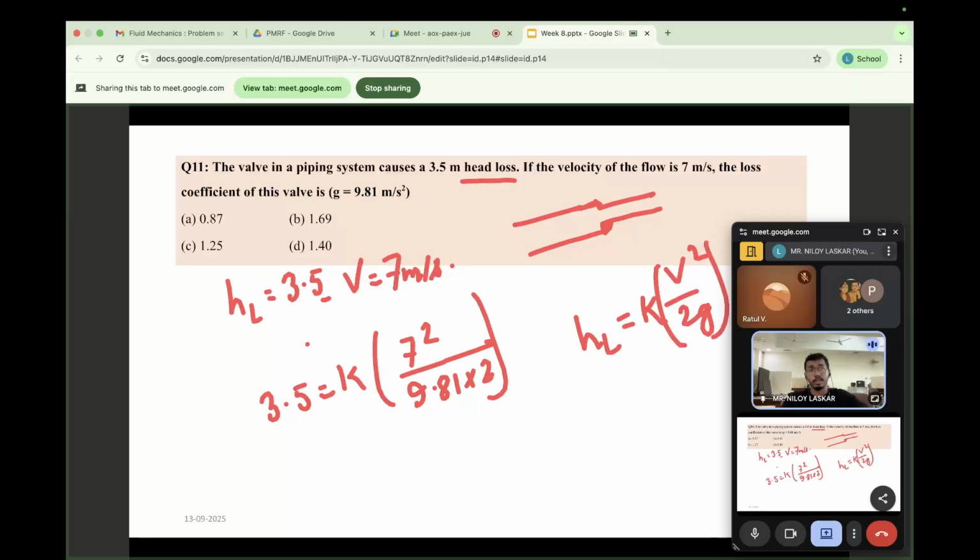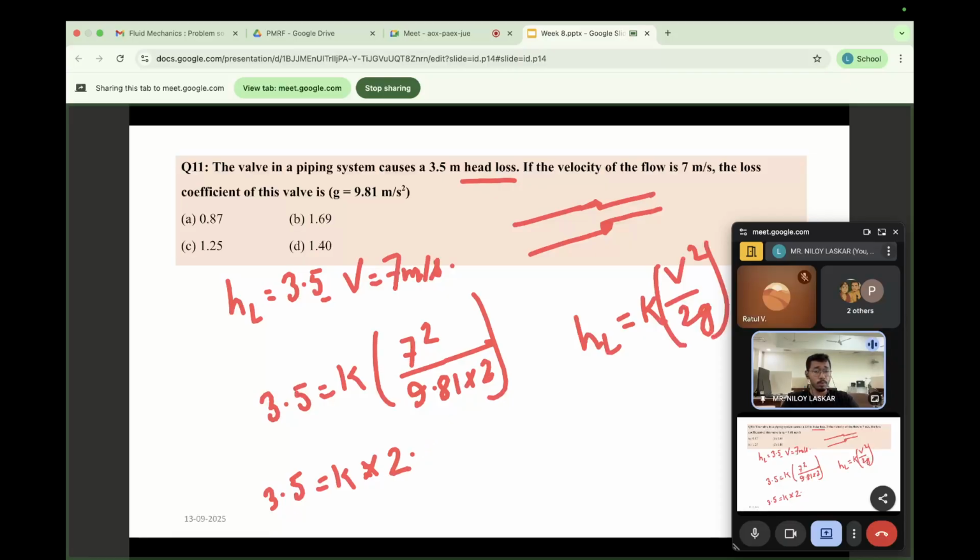So you just have to find out the value of K. If I calculate V squared by 2g, 49 by around 19.6, it is somewhere near 2 point something.